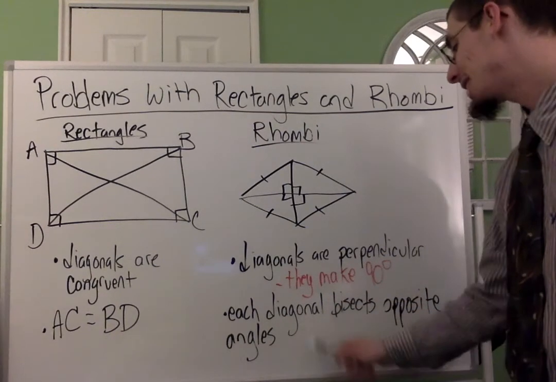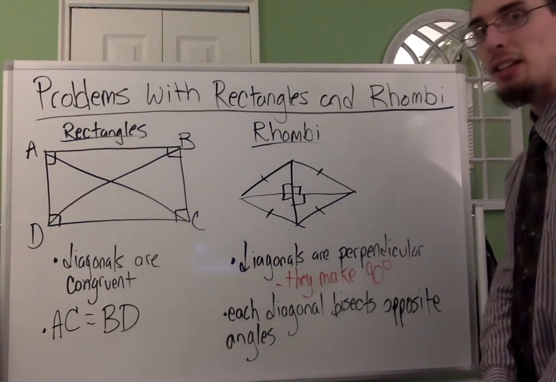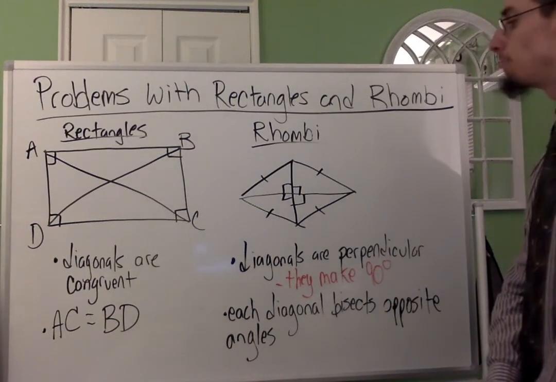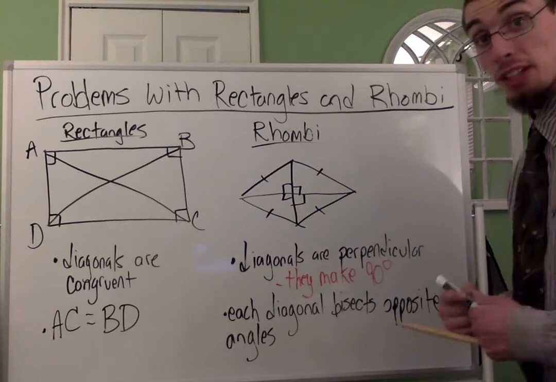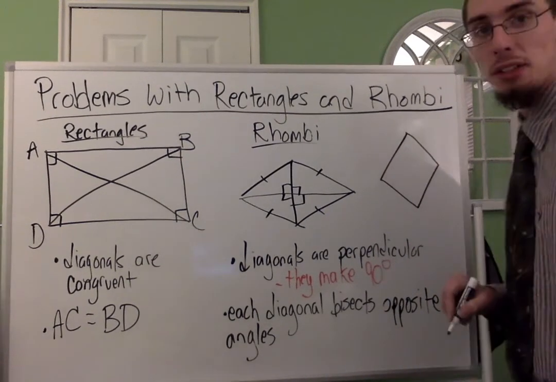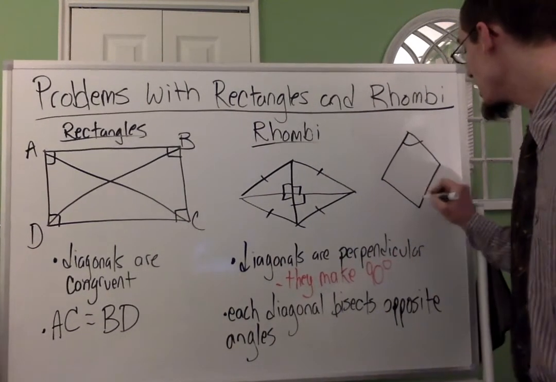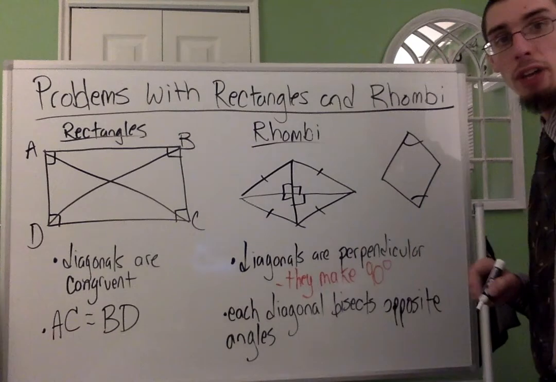And the diagonals also bisect the opposite angles. What does that mean? Well, first, let's make sure we remember. When you look at a rhombus, well, a rhombus is a parallelogram, which means the opposite angles are congruent, right?